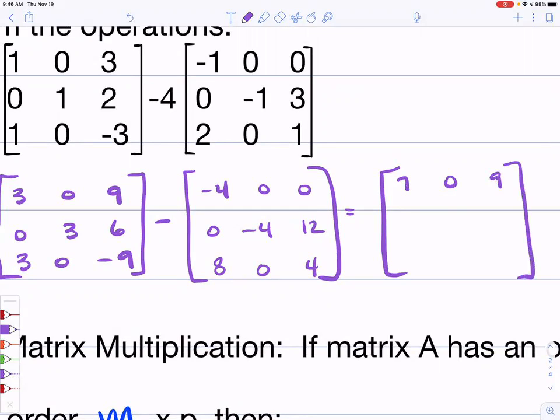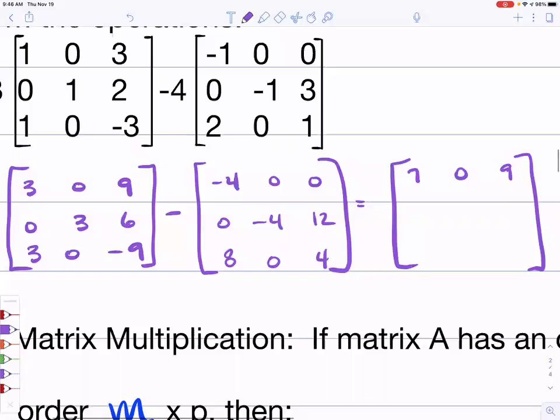Okay, second row, Abigail. 0, 7, and then Sierra, the last row. 5, 0, -13. Yep. Okay, so for the record, you could have done this in the calculator, but there's 2 things.